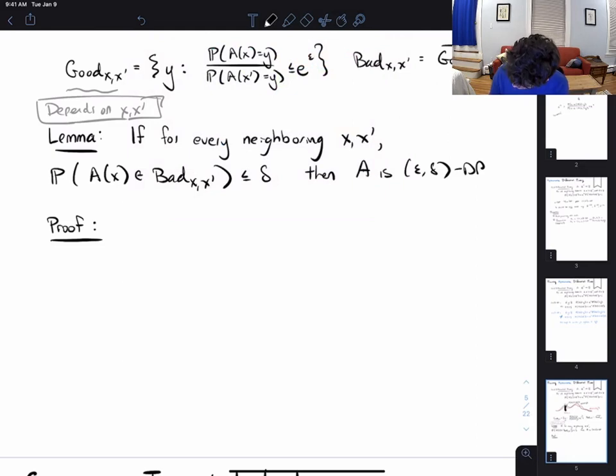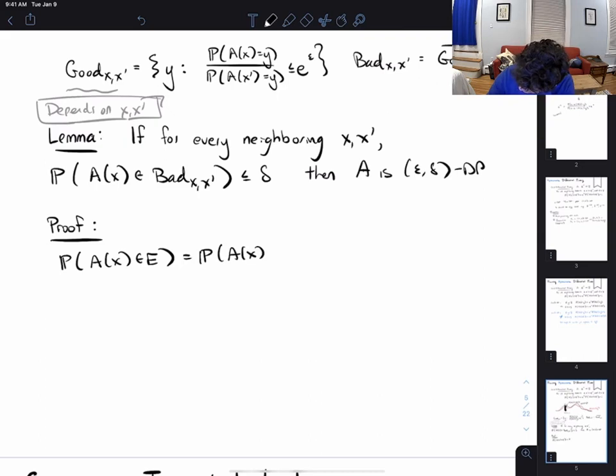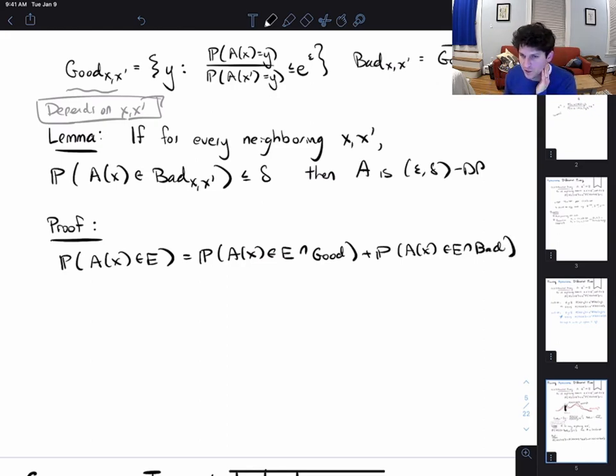So what we're going to do is we'll write the probability that A of X is in some event E, where E is some arbitrary event. We'll split it up into the probability that it lands in the intersection of E and the good set, and E in the bad set. And I'm dropping the X and X prime from good and bad just to make this a little easier to write.